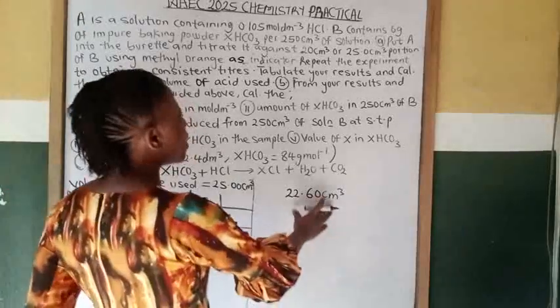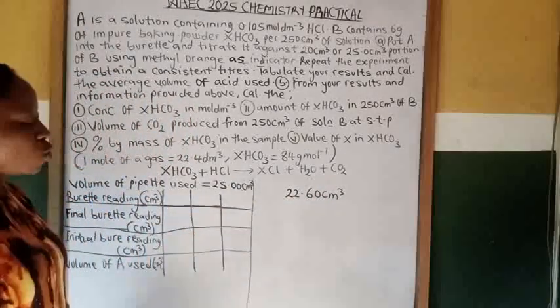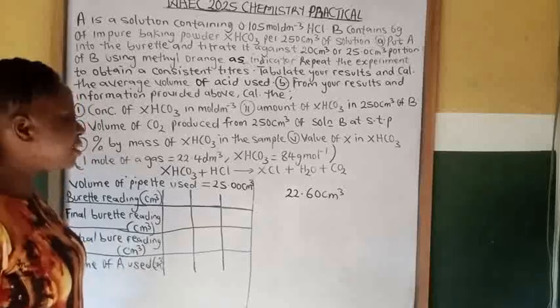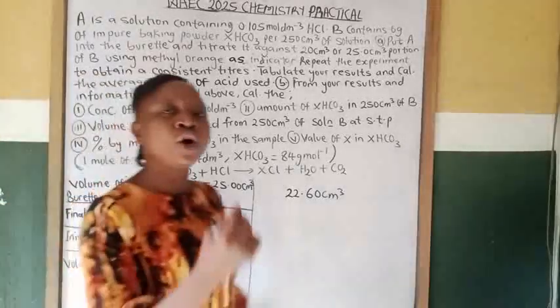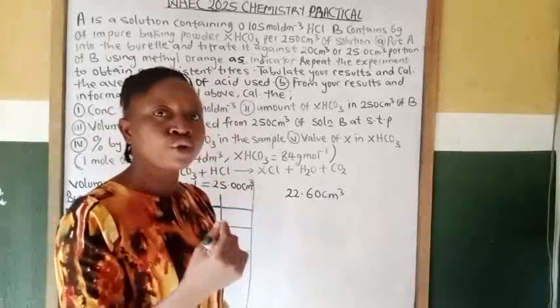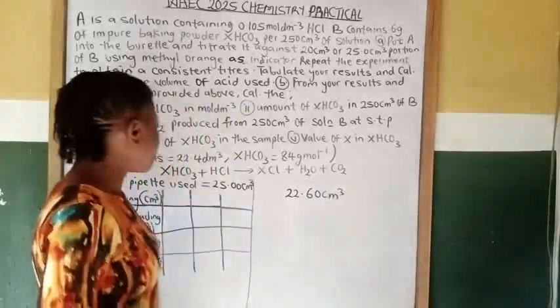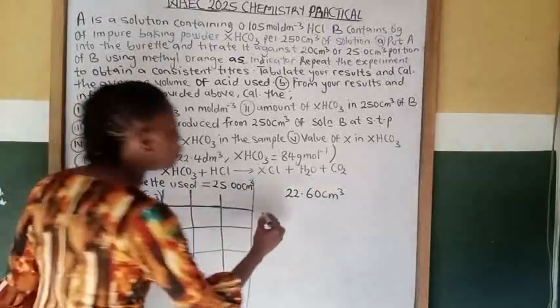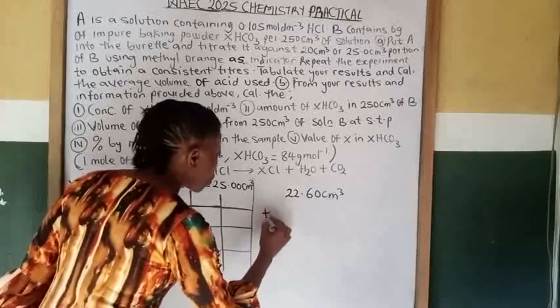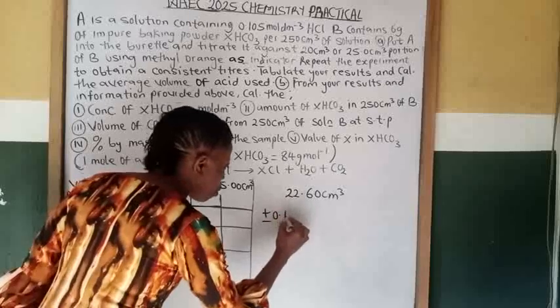Then I want to form my table based on my teacher's titre value. On your table you must have at least two concordant values. What do I mean by two concordant values? Your concordant values must not exceed plus or minus 0.1.